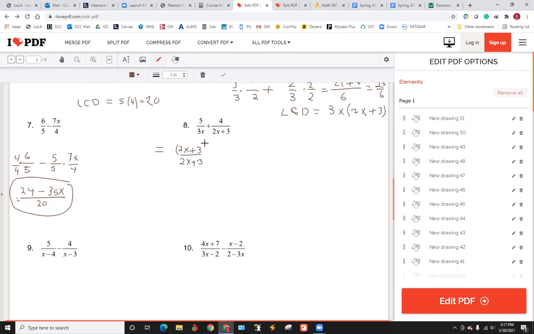So this is multiplied times 5, and then this is multiplied by the 3x. I'm not going to multiply out the denominator, because we're going to leave it factored. The numerator, we have to simplify once we find out what we need.